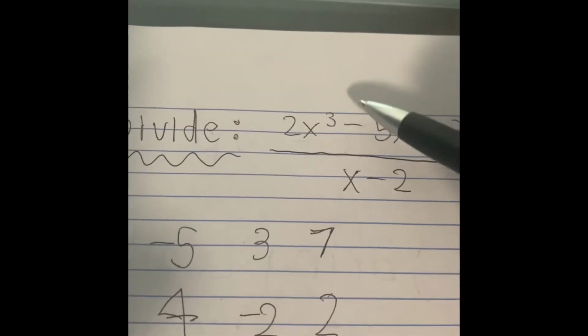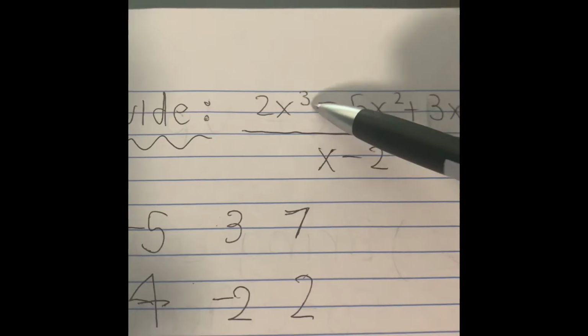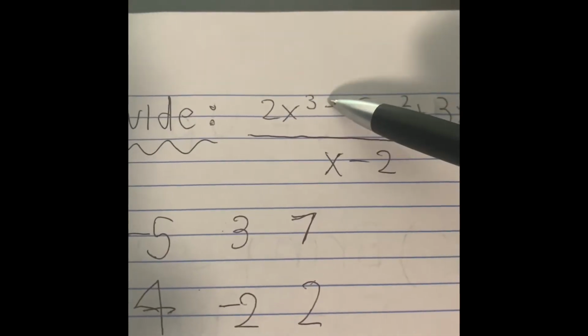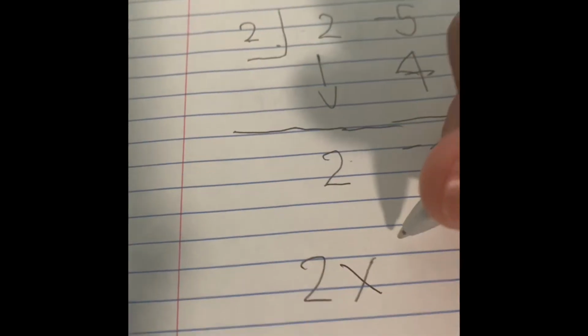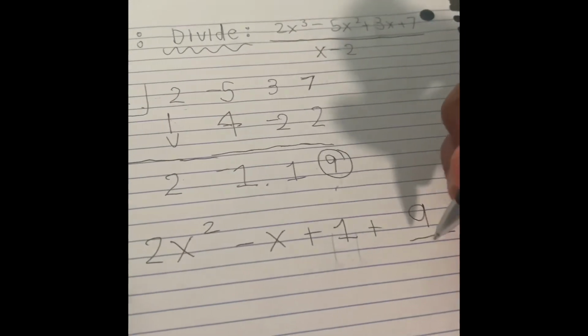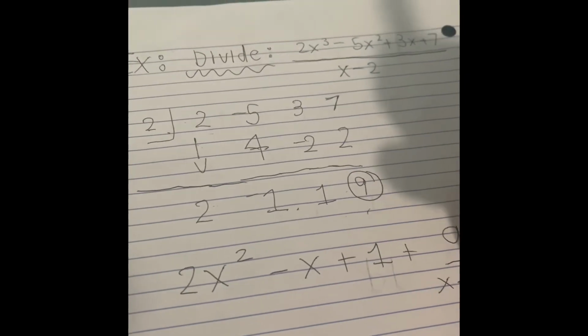Going back to the original problem, we see the biggest exponent was 3, so our new biggest exponent is going to be 2. So our final answer will be 2x squared minus x plus 1 plus 9 divided by x minus 2.